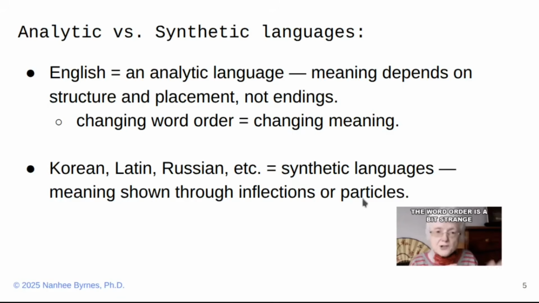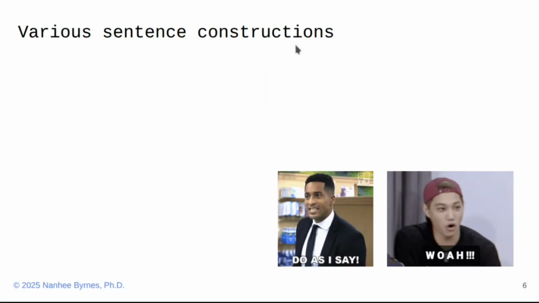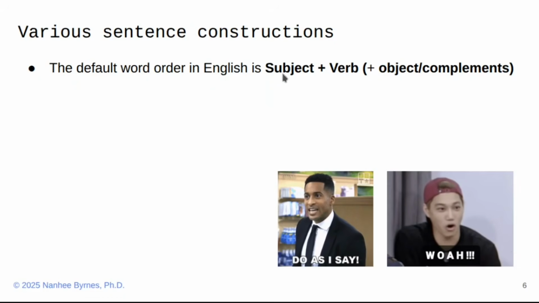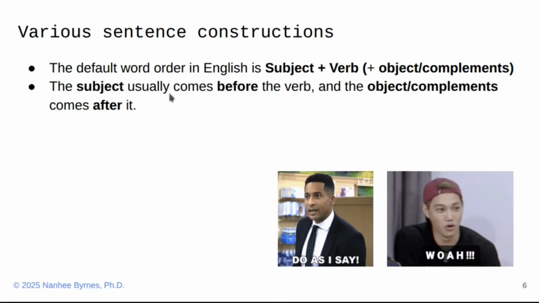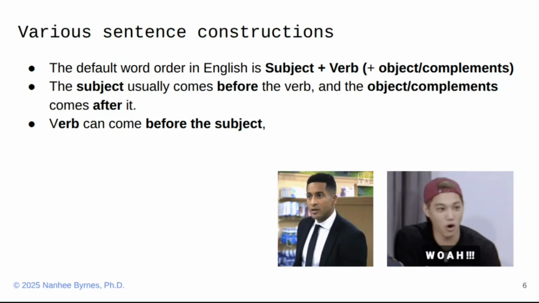In English, if you change the order, you change the meaning, sometimes completely. The basic word order in English is simple enough: subject, verb, object. The subject usually comes before the verb, and the object comes after it. But, and this is where things get interesting, that's not always the case. In some sentence constructions, the verb comes before the subject, and sometimes the subject disappears entirely.